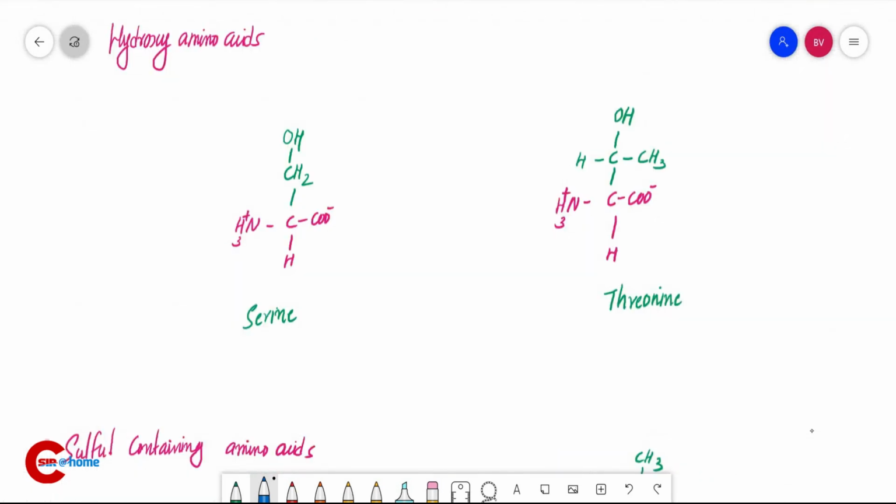The next category is hydroxy amino acid. As the name indicates, it contains a hydroxyl group. Here you can see the OH group, that is hydroxyl group. Examples of hydroxy amino acids: serine and threonine. Here both contain a hydroxyl group.